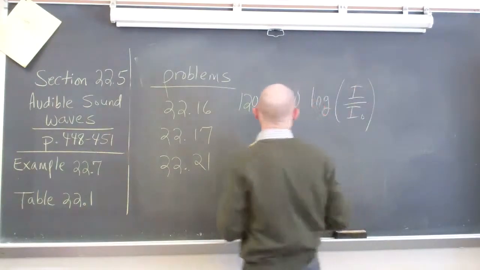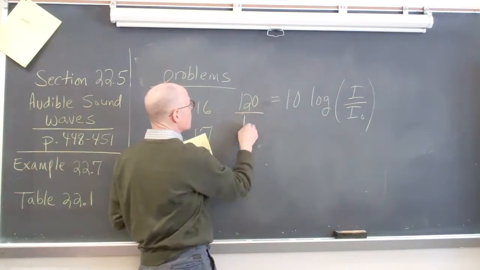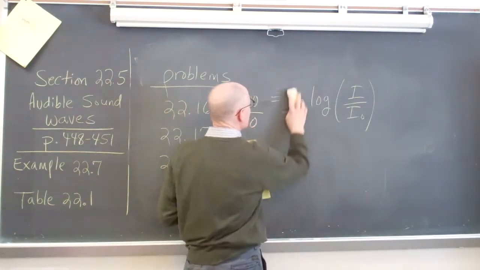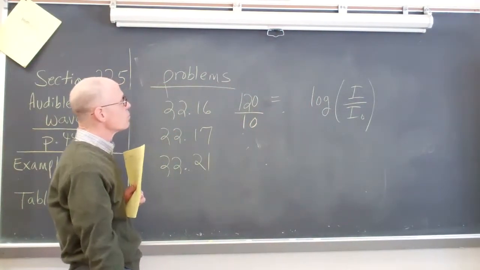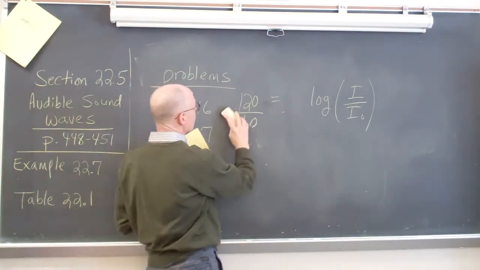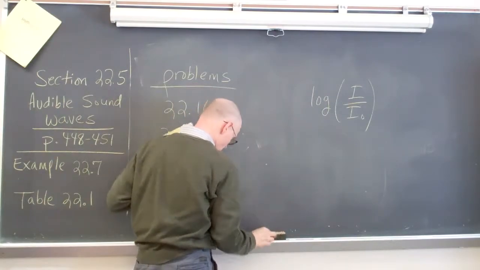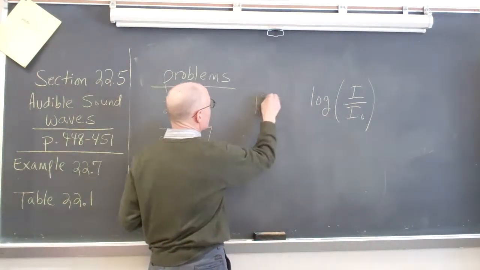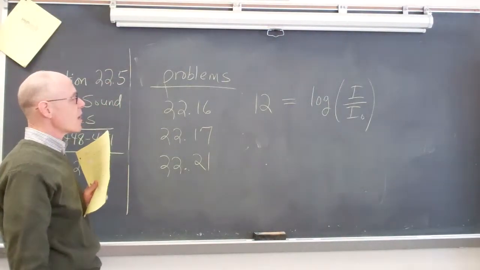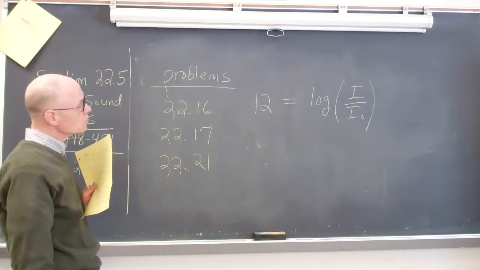First thing you would do, just using your algebra skills, divide both sides by 10. And then over here you can simplify this expression. 120 divided by 10 would be 12. So now we've simplified it down to 12 is equal to the log of I over I0.